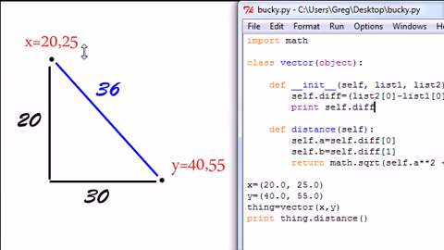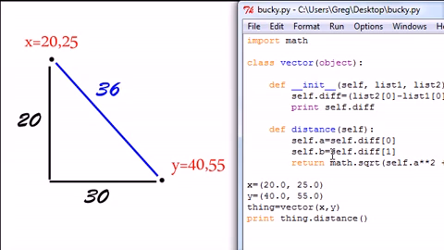So we subtracted x from y and we got 20, 30. This is because 40 minus 20 equals 20, that's a change in x, and 55 minus 25 is 30, that's a change in y. So the vector from x to y equals 20, 30. So that's how we got that. That's all this initialization function does, is give us our vector.